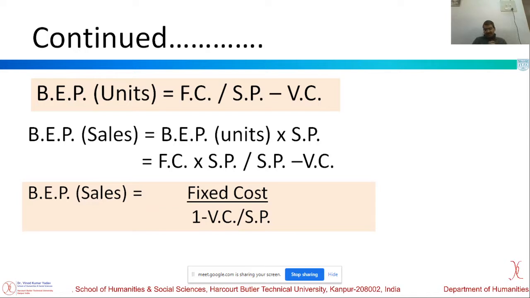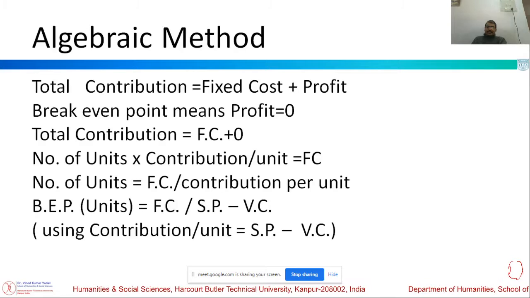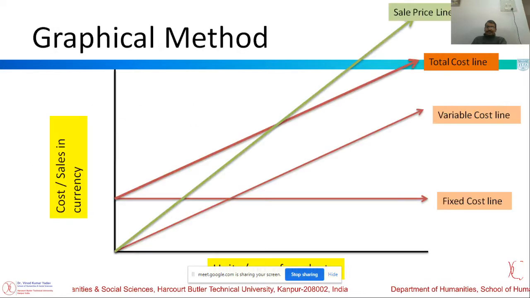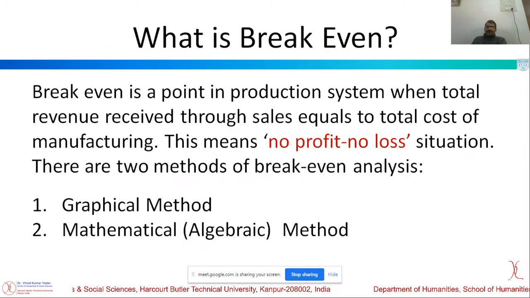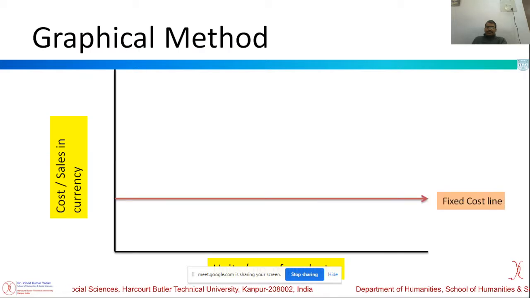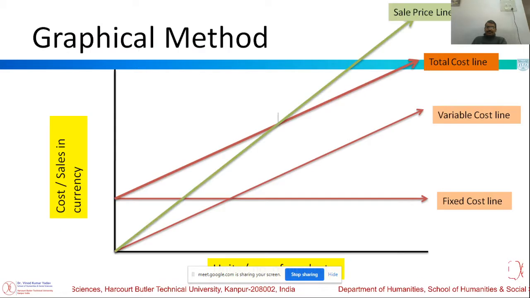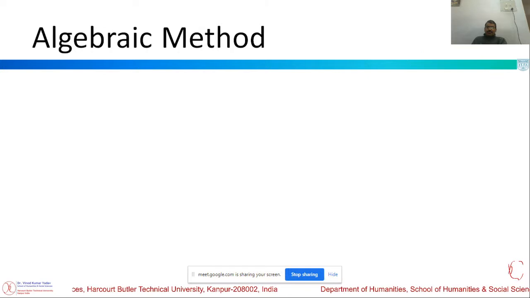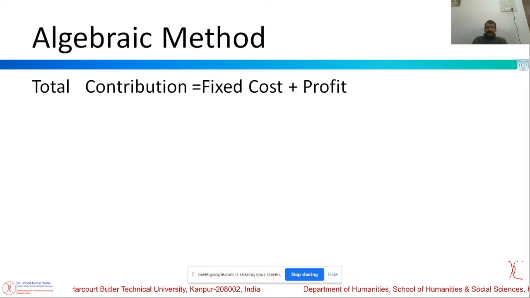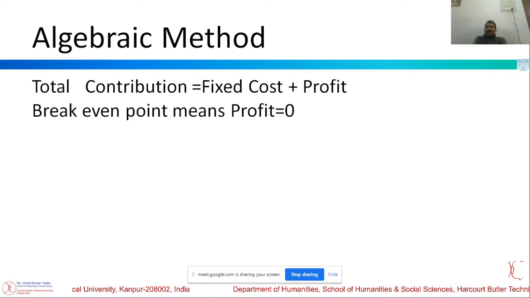Say for example, you say that total contribution is fixed cost plus profit. To calculate the break even point, you have taken profit as 0. If you do not take profit as 0, what will happen?